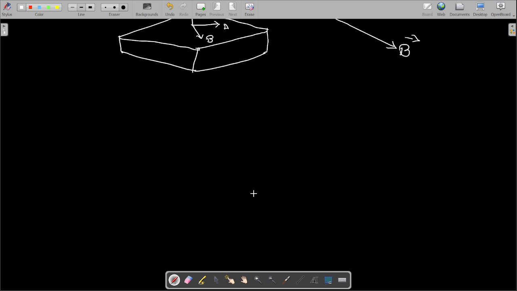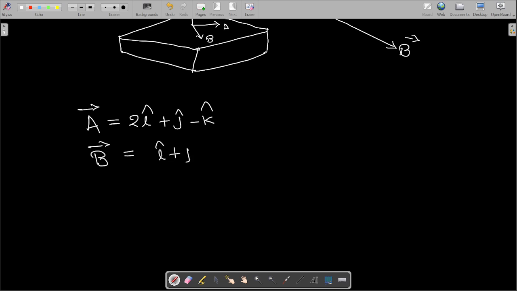Now how will we use it as a mathematical tool? See, suppose a vector is given, vector a is 2 i cap plus j cap minus k cap, and another vector, vector b, that is i cap plus j cap plus k cap, is given to us.